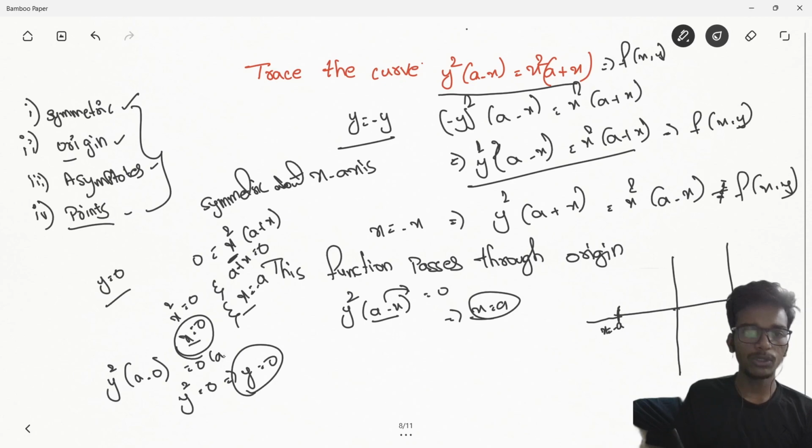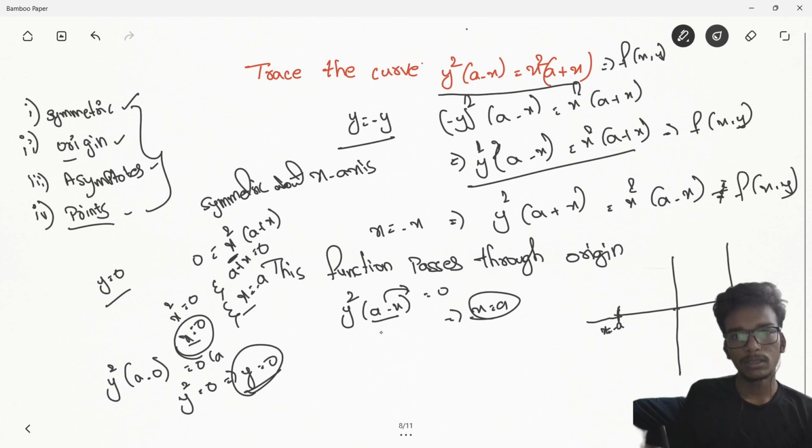We took x as 0 and we got y as 0. That means the function crosses y axis only at origin. As we know, the function is symmetric about x axis. Whatever we get up, the same will be replicated down.